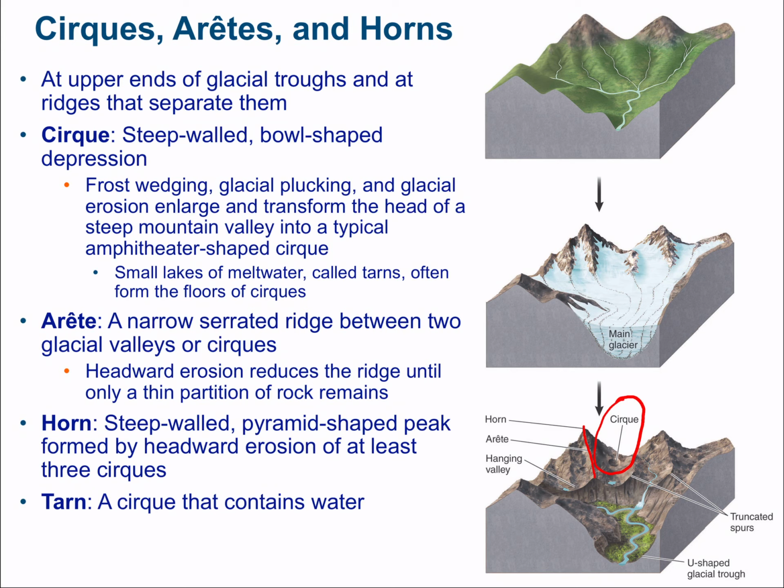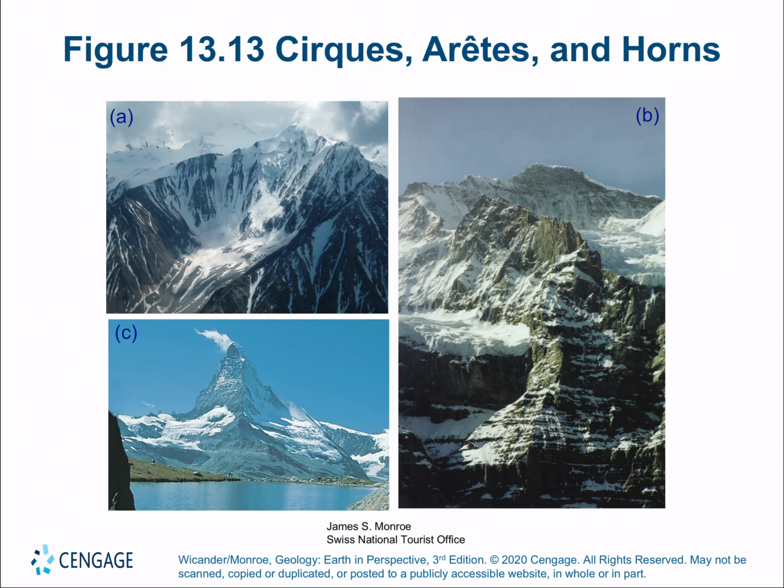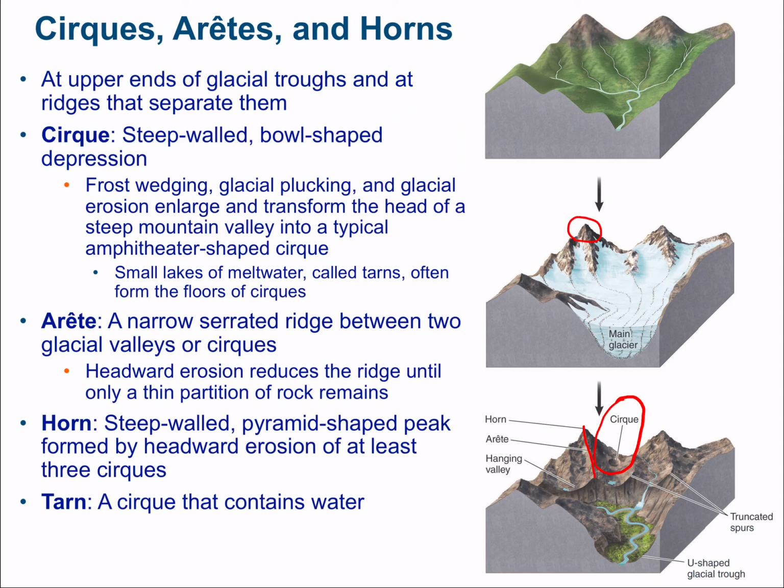It's caused by headward erosion. You might have a horn, which is a steep-walled peak in the shape of a pyramid. Right here shows a good picture of a horn. And then down here you notice the feature that's called a tarn. A tarn is simply a cirque that contains water.